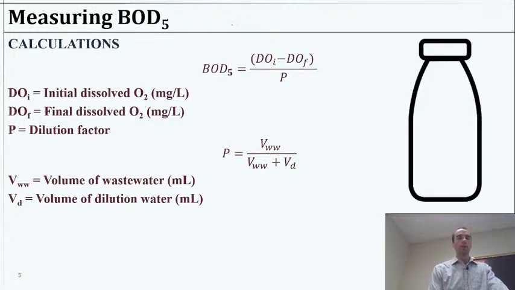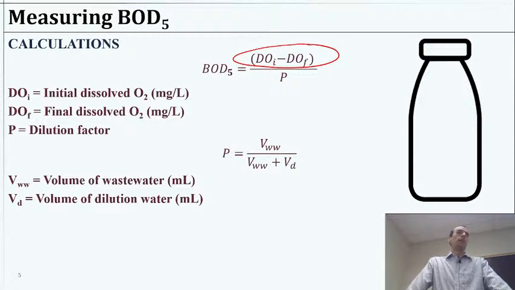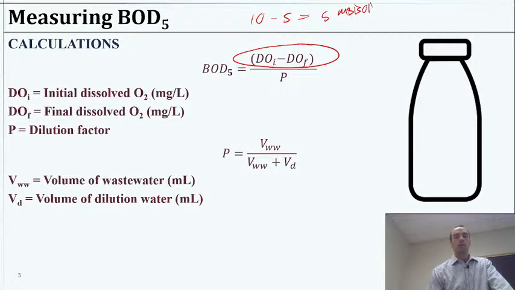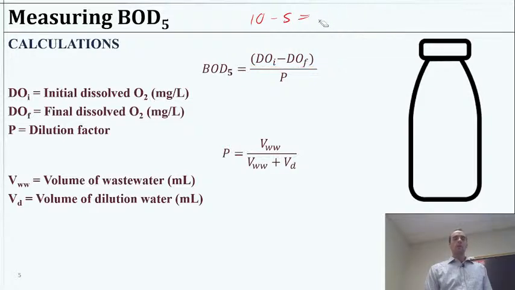If we wait 5 days, we could simply say, if we didn't have to dilute, then BOD 5 is just before minus after, right? It could just be 10 minus 5 equals 5 milligrams BOD, right? It could be as simple as that, but normally it's not. Normally we actually have to dilute, and so we're going to add in this dilution factor, P. We'll just call it P here.